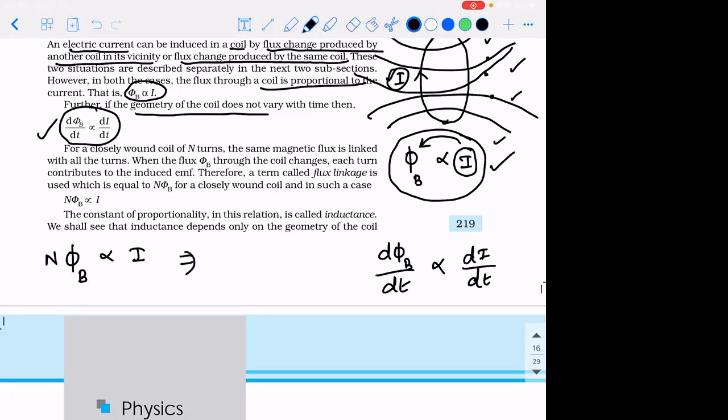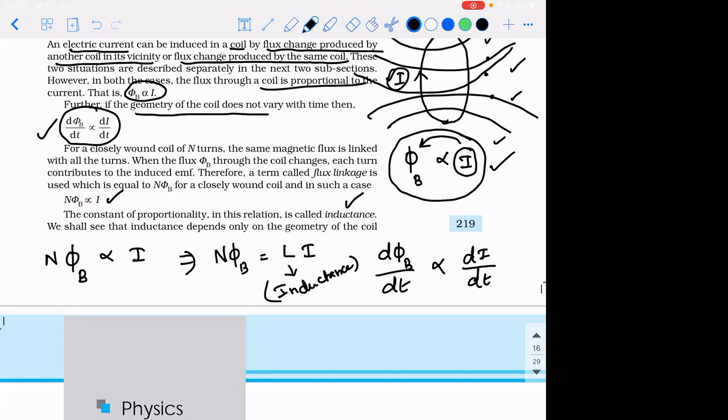So from this, can I conclude that N times phi B should be equal to some constant times I, correct? And the constant that you're going to introduce is what is called inductance. So that is the meaning of the statement. N phi B is directly proportional to I. The constant of proportionality in this relation is called inductance.